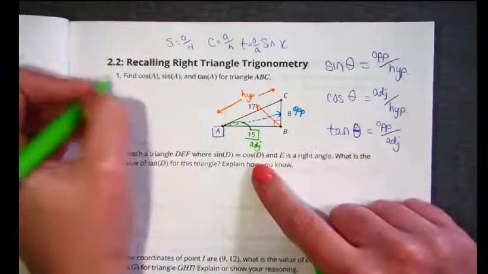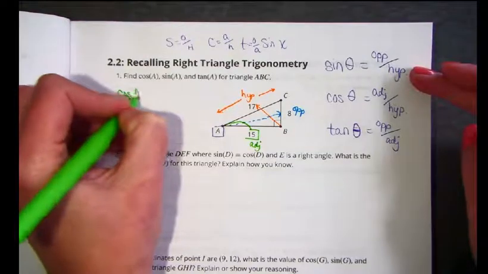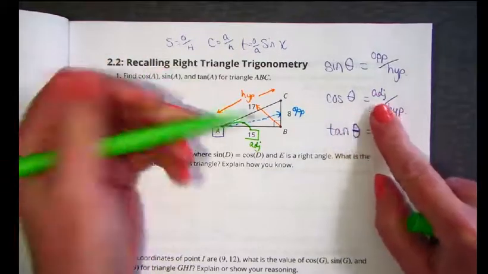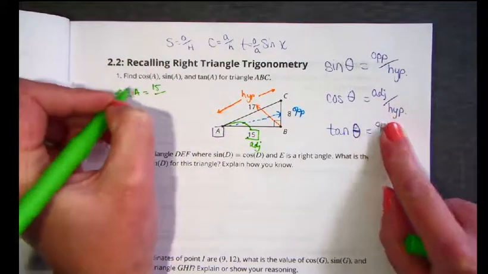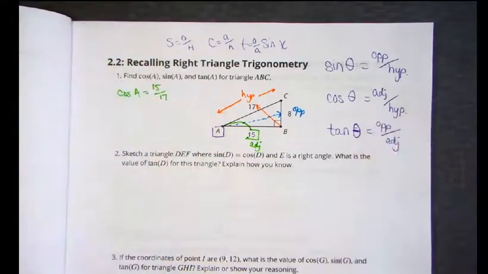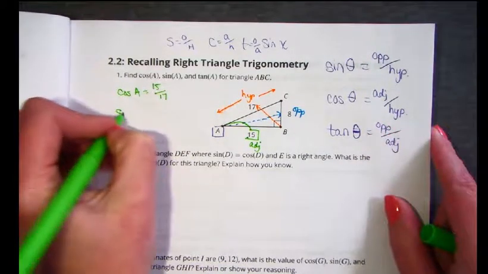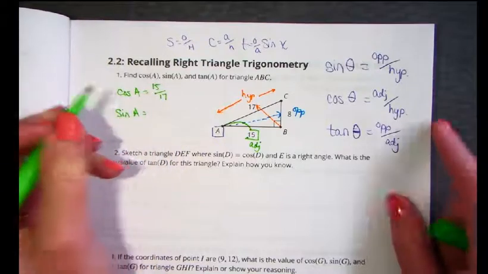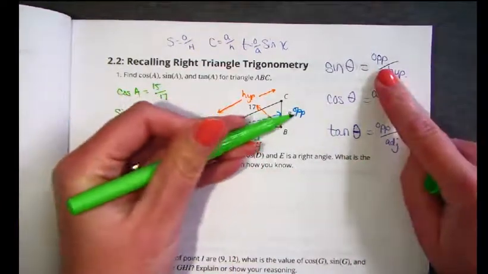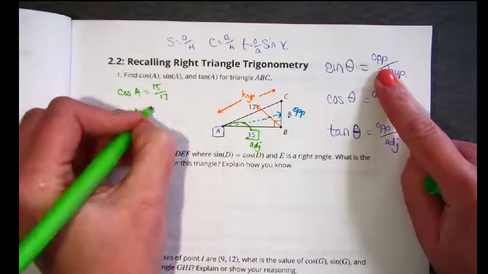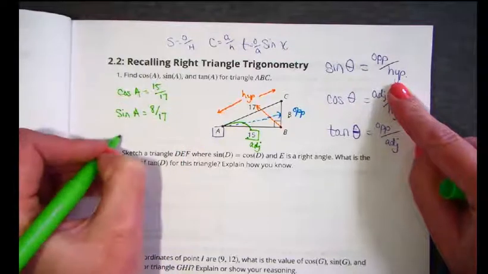Okay. So now that we have that, we should be just plugging and chugging here. Our cosine of A, cosine is adjacent, which in this case is 15, over the hypotenuse, 17. The sine of angle A is the side opposite angle A, which is 8, over the hypotenuse, still 17.